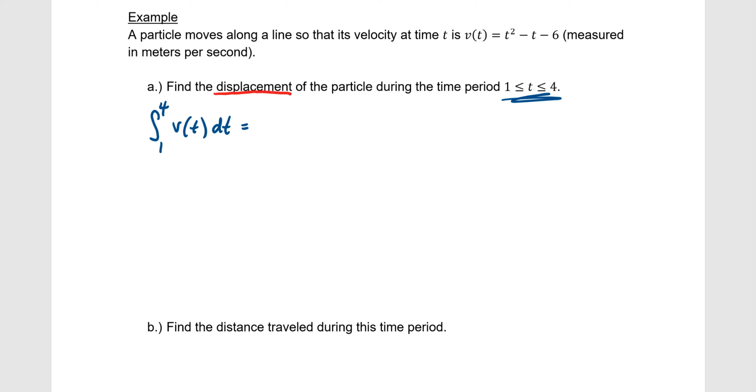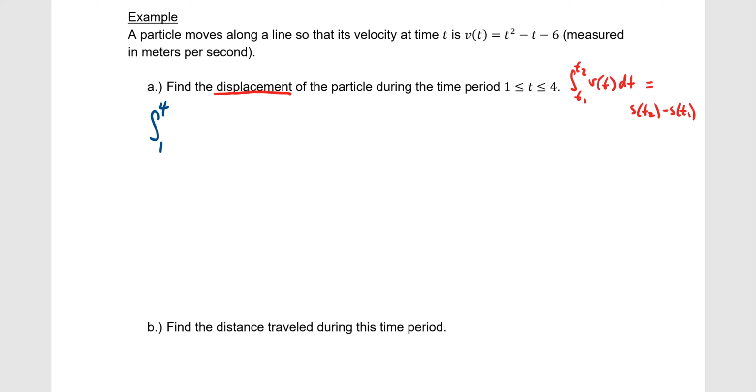We said that that's going to be equal to, well, let me just go ahead and write this on the side real quick. The integral t1 to t2 of v of t dt is going to equal s of t2 minus s of t1. That gives us the displacement.